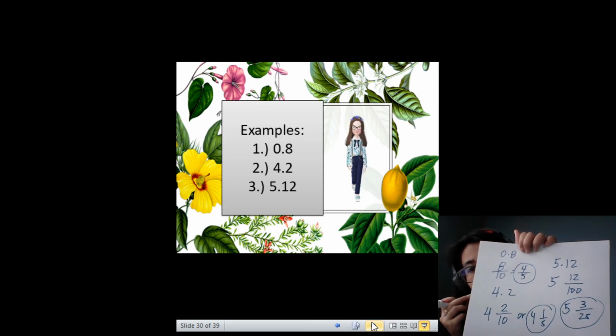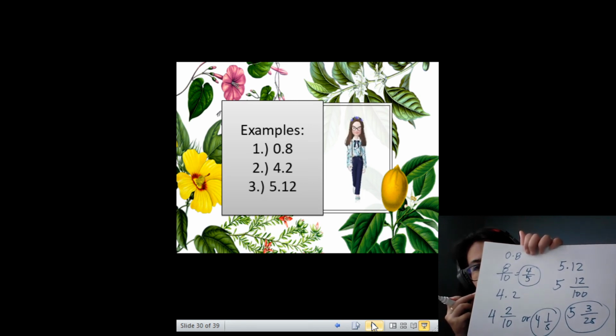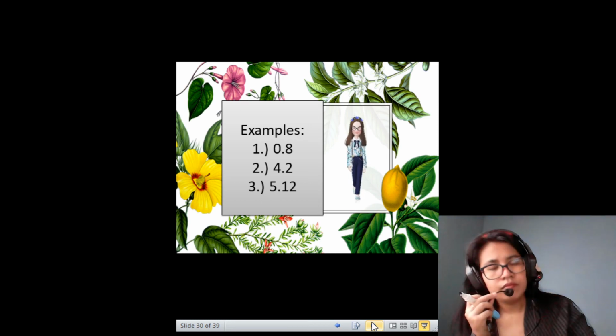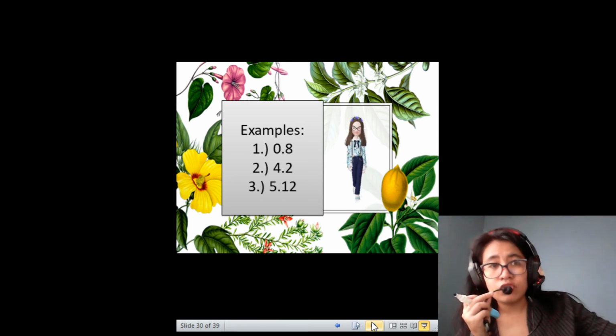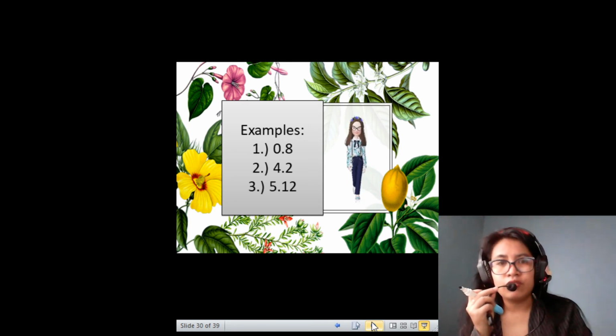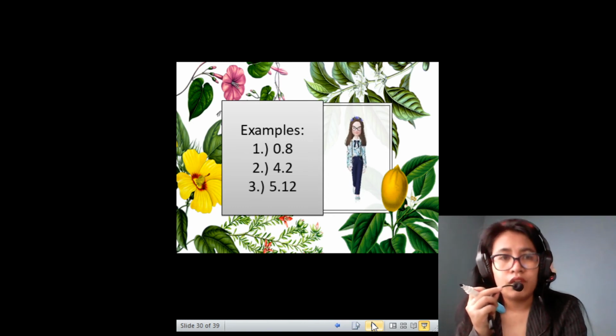Therefore, there is no more simplification. So your final answer will be 5 and 3 over 25. So again, that's how you change decimals into fractions.